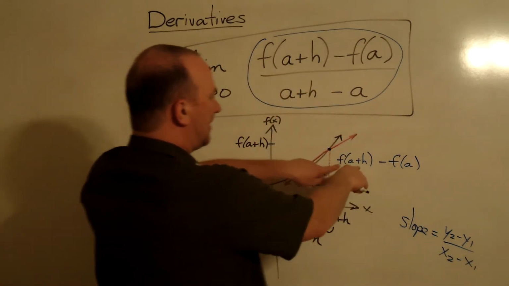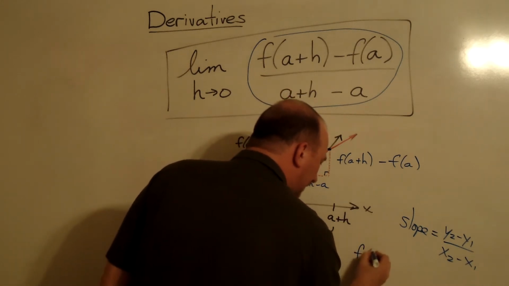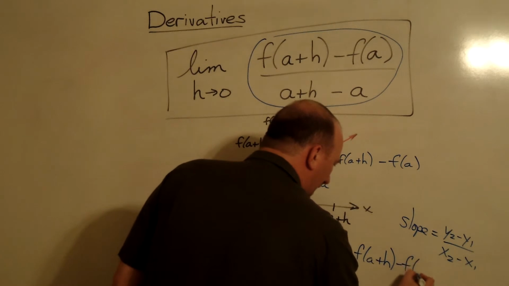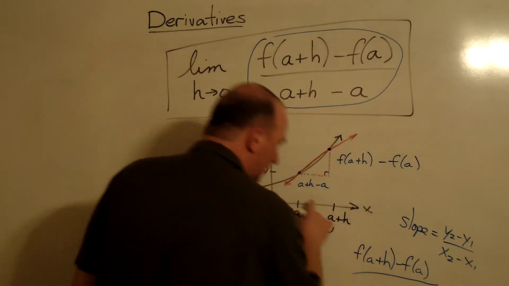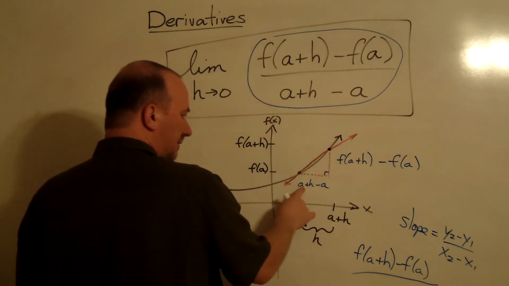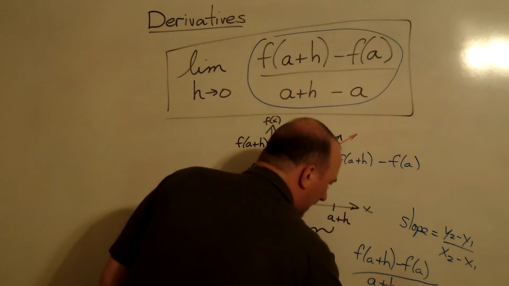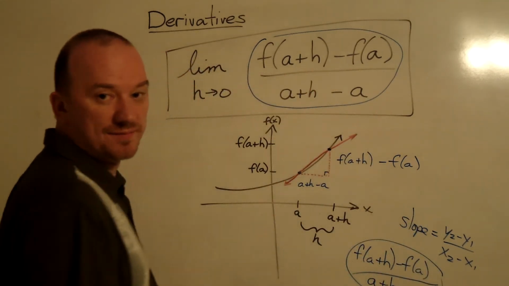In this case, we have f of a plus h minus f of a, all over x2 minus x1. So it's a plus h minus a. This is exactly what we have over there.